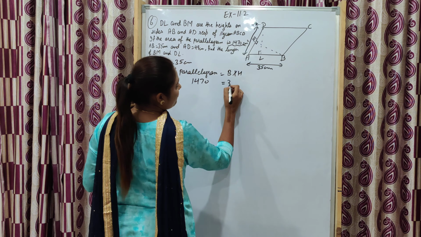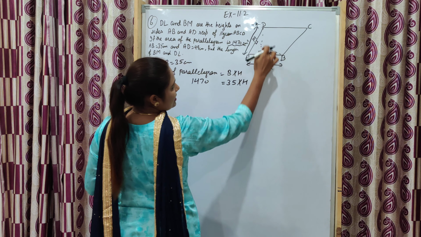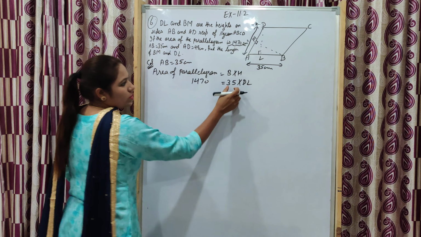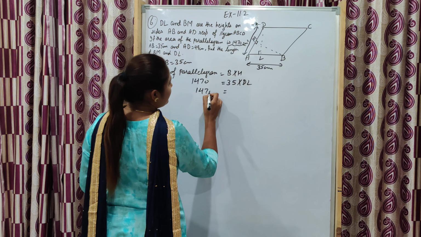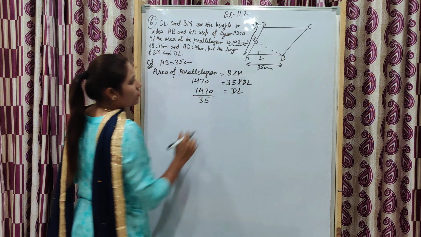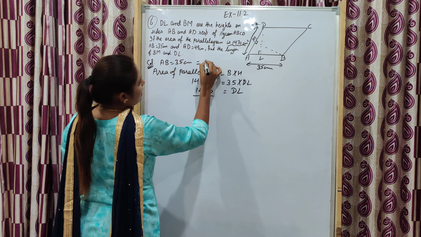Then base is 35 but height is not given to us, and height is DL. So here instead of height I will write DL. So 35 is multiplying here, when it goes to the other side it will divide, and DL is our height, so we will find height, and AB, that is 35, this one is our base.